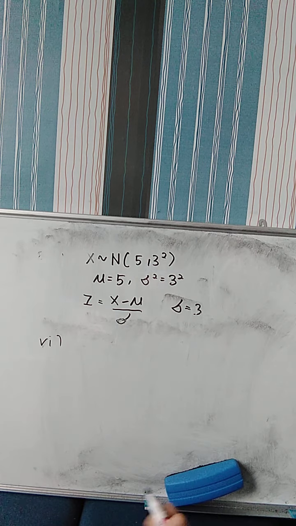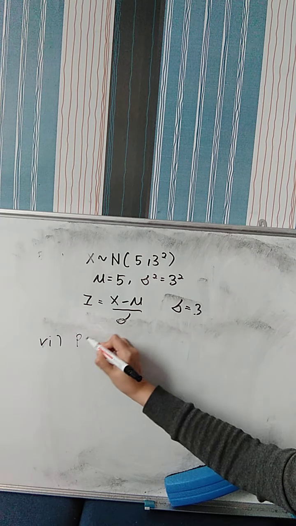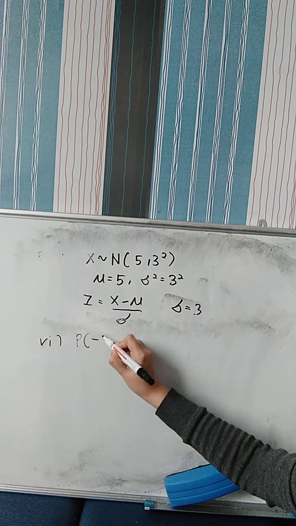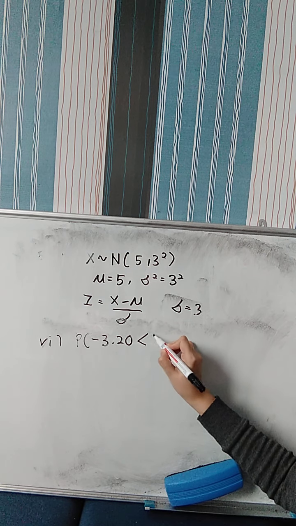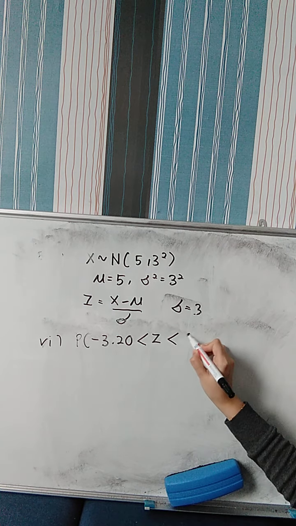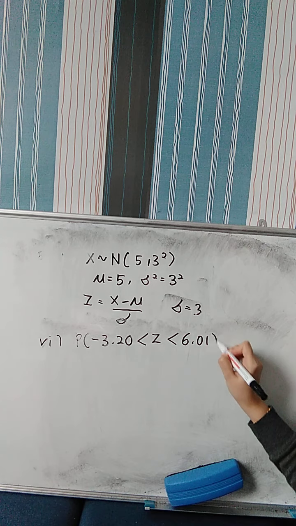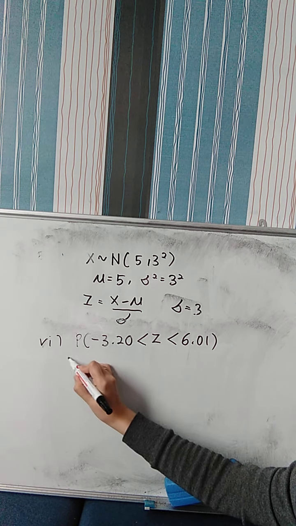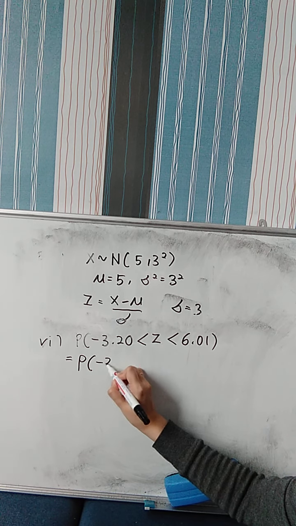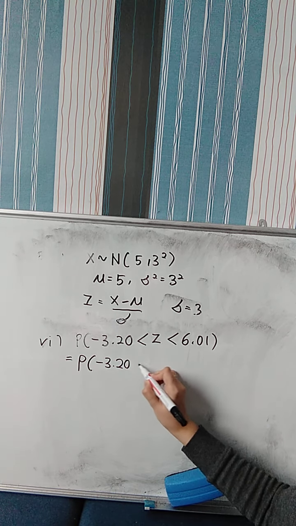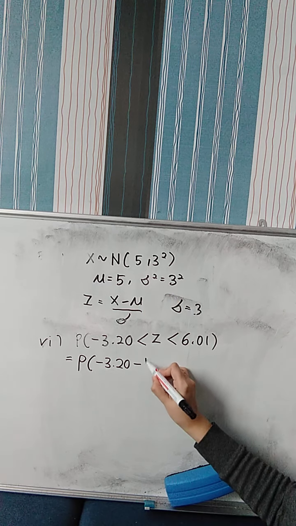Okay, and the last one, number 6, is given P in between negative 3.20 less than X less than 6.01. Okay, how to solve? Same. Negative 3.20, you minus the mean 5.